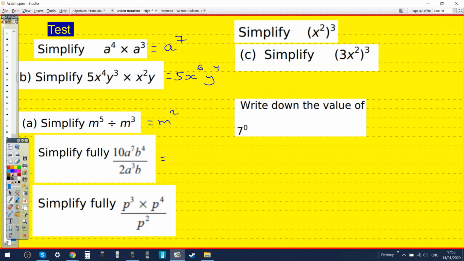5, no, yeah, 5A 4. B3. Mm-hmm. P7 over P2 which is P5. Mm-hmm. Top right.